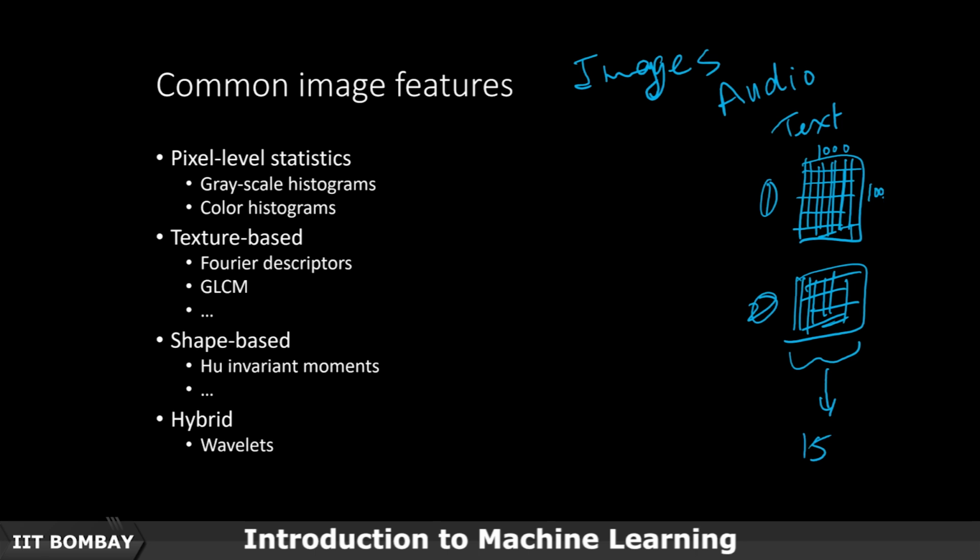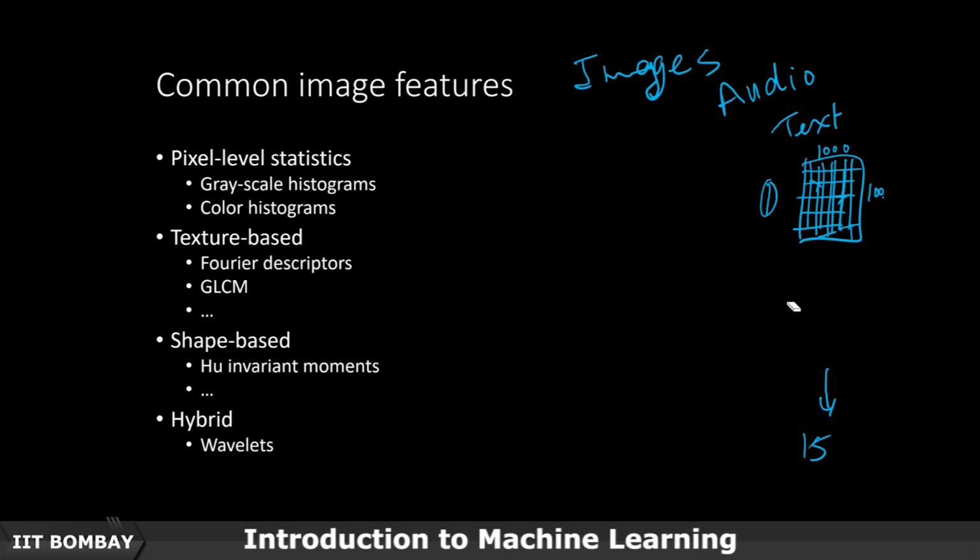So what are those 15 numbers? Well, we cannot arbitrarily just subsample some pixels. We cannot just average the pixels. I mean, we can, but we need some more intelligent features based on domain knowledge of the underlying characteristics of images that are useful for recognition tasks or for classification tasks, etc.